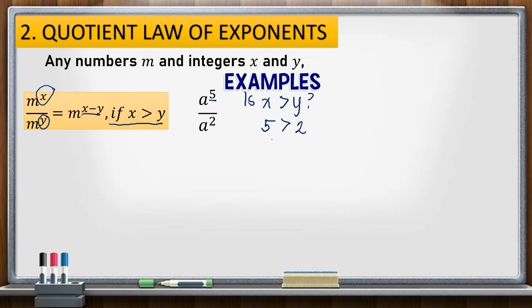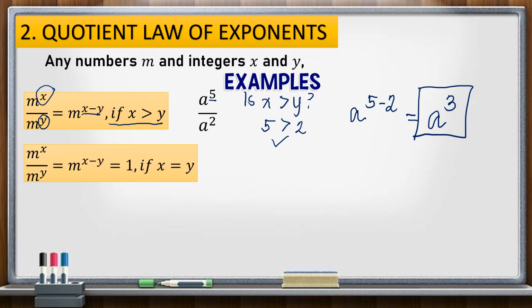If that's so, x is greater than y, or 5 is greater than 2, then you will copy the base, which is a, and then subtract your exponents. So, a raised to 5 minus 2, and that is now equal to a raised to 3. So that will be our answer. That is the first condition under the quotient law of exponents.